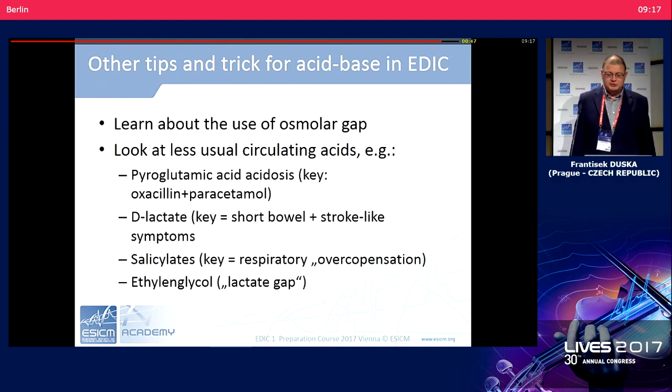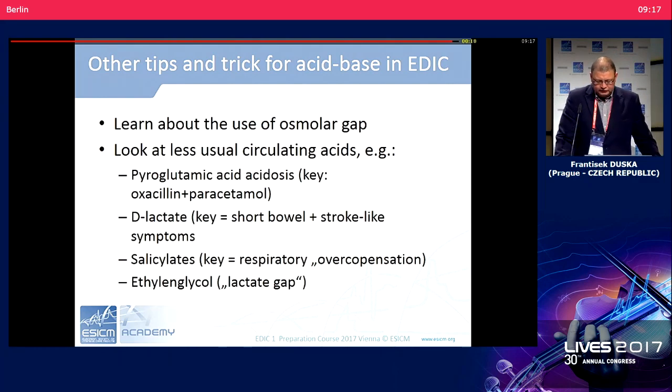So other tips and tricks, just to conclude my talk, learn about the use of osmolar gap. Just repeat what osmolar gap is, and that if you have got low molecular alcohol, which is the most common occurrence in the EDIC, then the difference between measured and calculated osmolarity can detect it, usually together with elevation of anion gap, because these alcohols are metabolized.